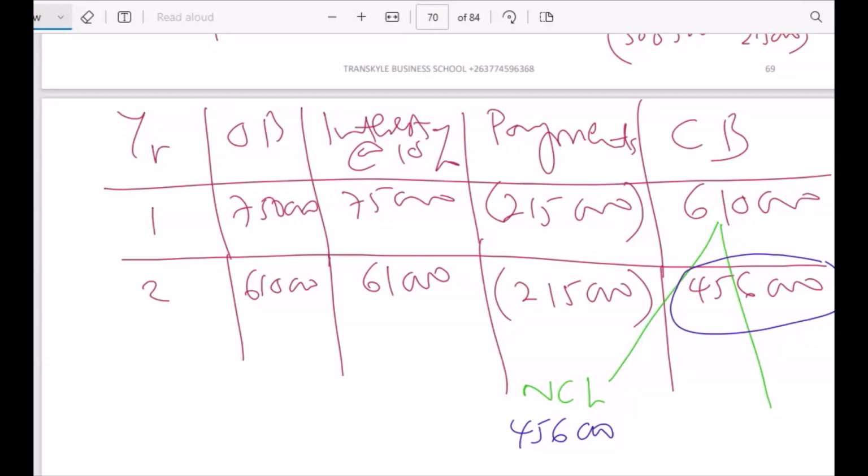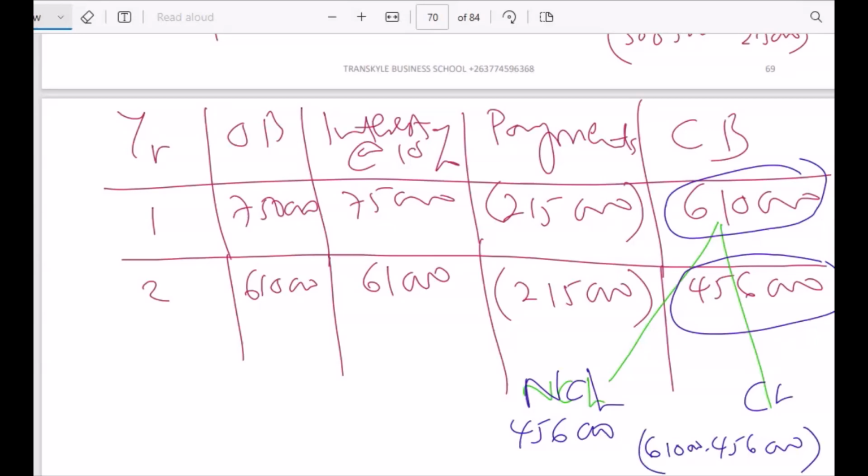Now, for the current liability, it is the difference between the closing balance in year one and the closing balance in year two, which is 610,000 minus 456,000, and that would be 154,000. That's the current liability.